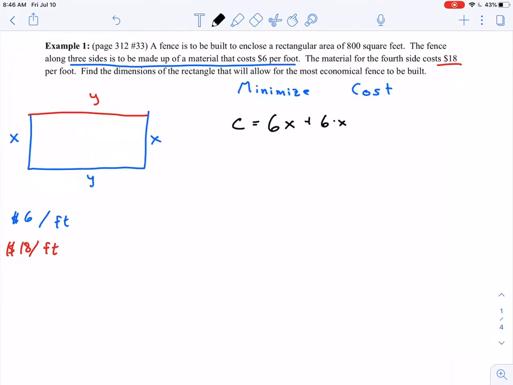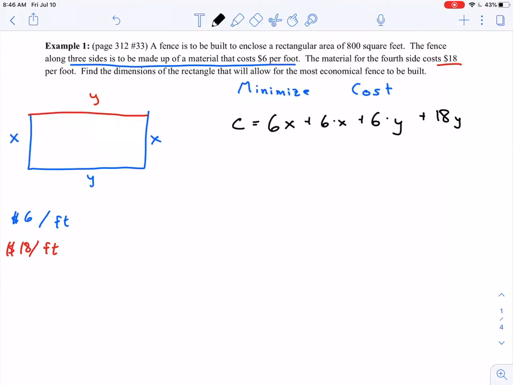That costs me $6 per foot. So that side is going to cost me $6 per foot for y feet. And on this one single red side here, that is y units long, that is going to cost me $18 per foot. So that's going to cost me $18 per foot for y feet.